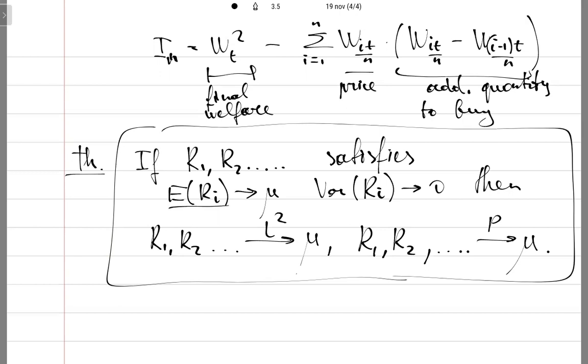But if the expected value goes to mu, then the random variable is more and more like the constant mu. The formal proof is based on the Chebyshev inequality. I will omit it, but if you'd like, you may try to prove it. It's not so hard. Chebyshev inequality is used in the proof, but I will use this theorem.